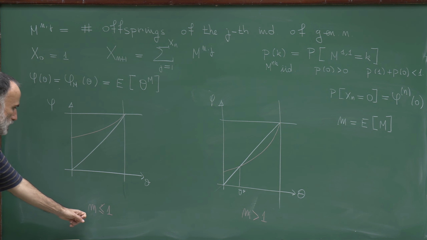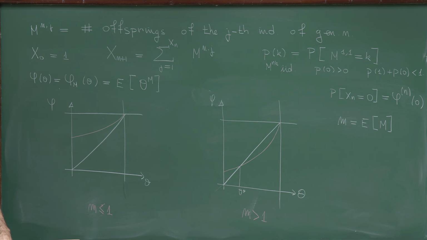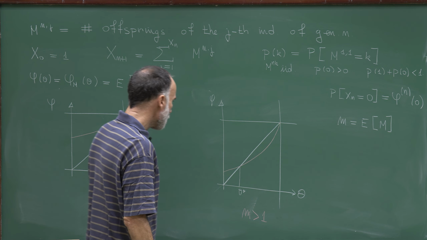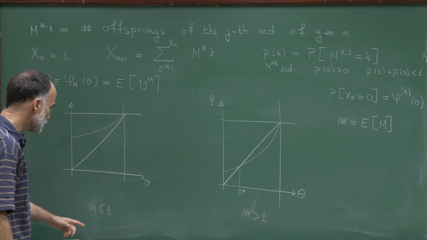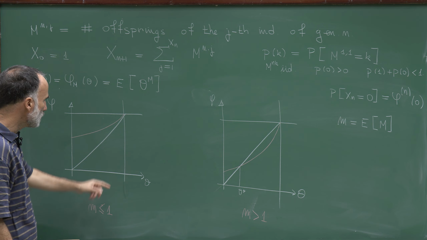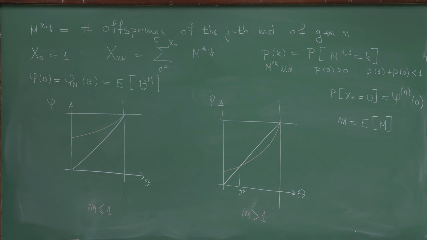If this mean is less than or equal to 1, this is the behavior of the moment generating function, while if m is strictly larger than 1, this is the behavior. This depends on the fact that the derivative at 1 is exactly equal to m. So if m is less than or equal to 1, we have this type of behavior, while if it's strictly larger than 1, we have this type of behavior.